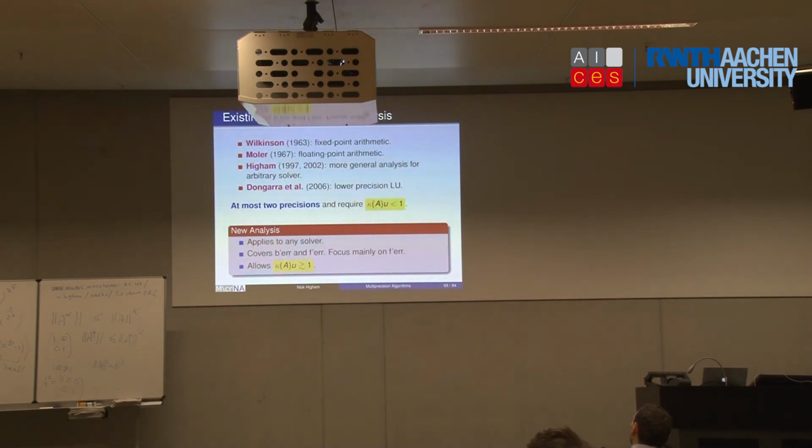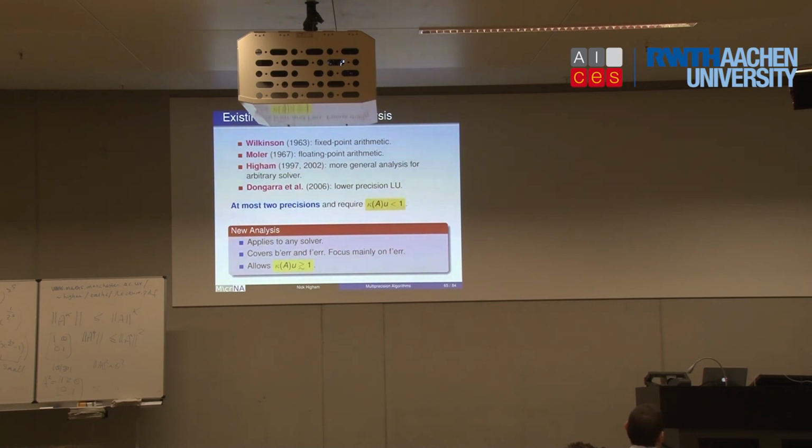Well, I'm going to need some error analysis for this. So what's available? Wilkinson's book that I showed you earlier did it for fixed point arithmetic, as that was what was popular then. Moler gave the first analysis for floating point. That's Cleve Moler, the inventor of MATLAB. In the first edition of my book, I decided I would try to do a general analysis that covered all previous cases, and I published that.